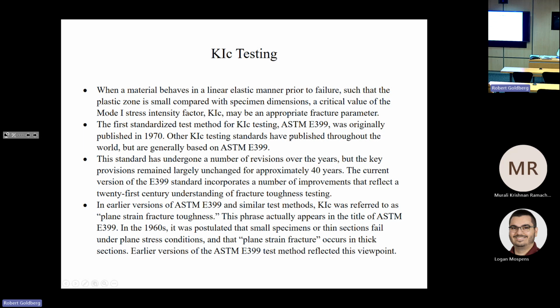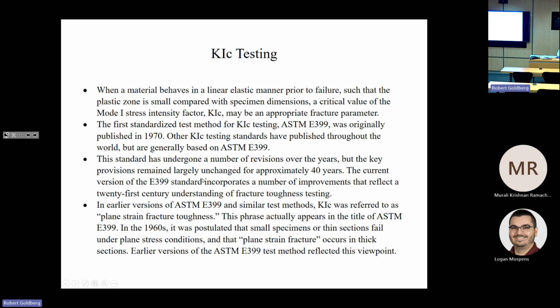And the first standardized method for K1C testing, ASTM E399, was originally published in 1970. And other K1C testing standards have been published throughout the world, but they're generally based on ASTM E399. The standard has undergone a number of revisions over the years, but the key provisions have remained largely unchanged for about the past 40 years.